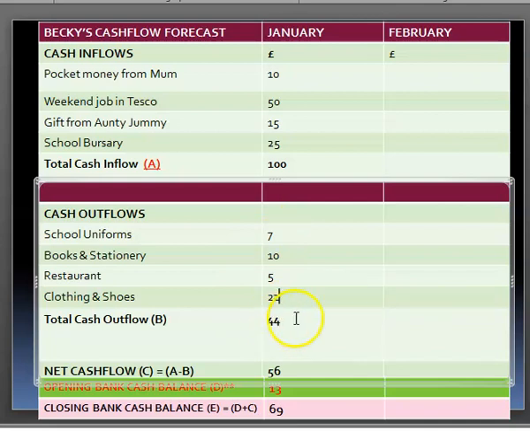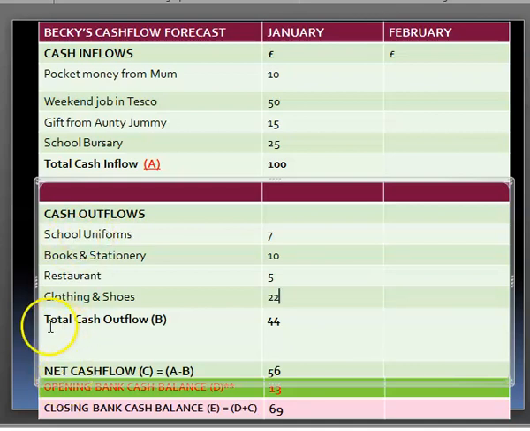So these £44 are your expenses, everything you want to pay for in January, and this falls under your cash outflows. It's called outflows because it comes out of your pocket, out of your bank account. So you pay this money out to somebody or to some people, and that is why it's called outflow, because it's going out.